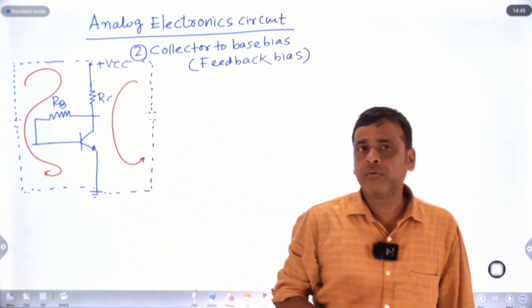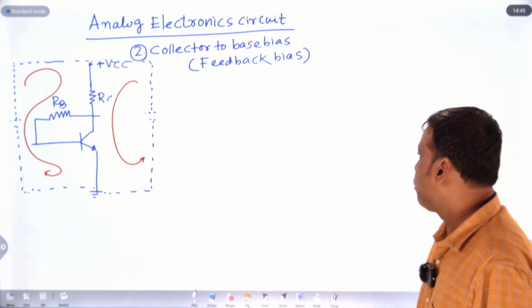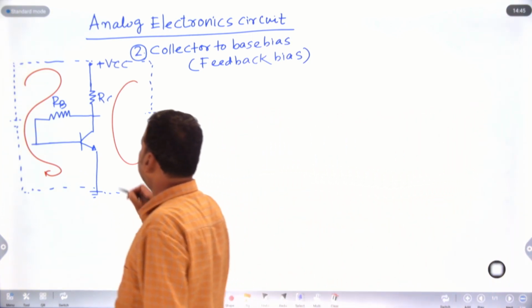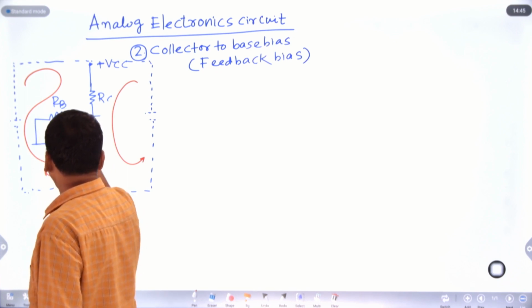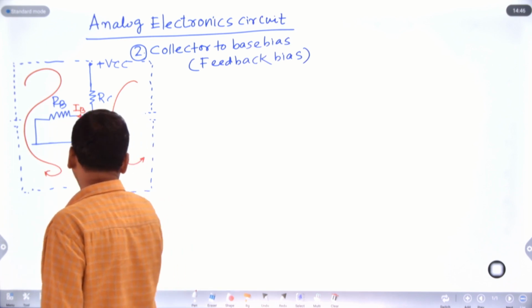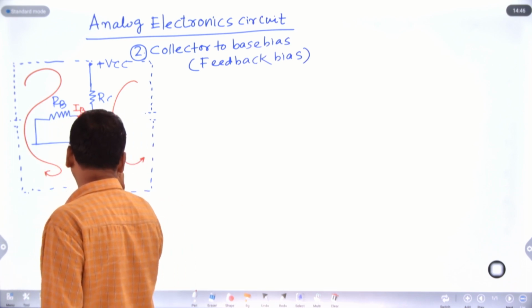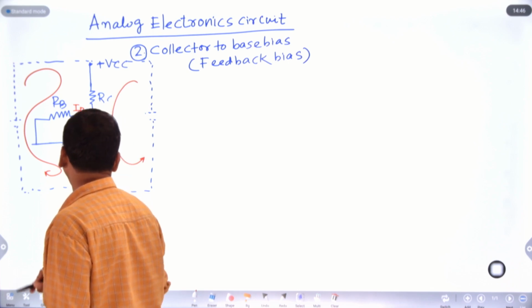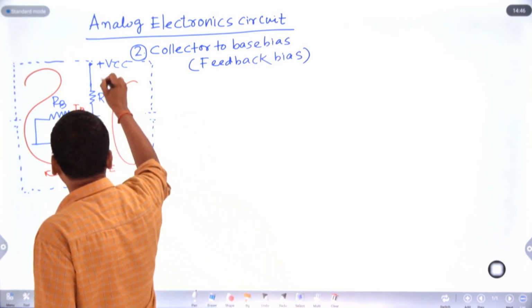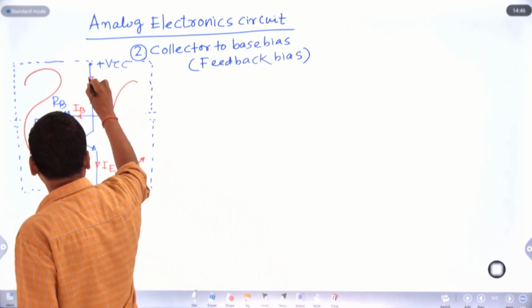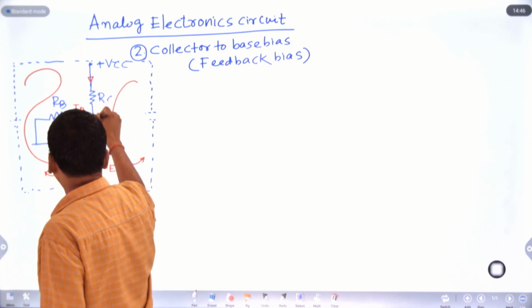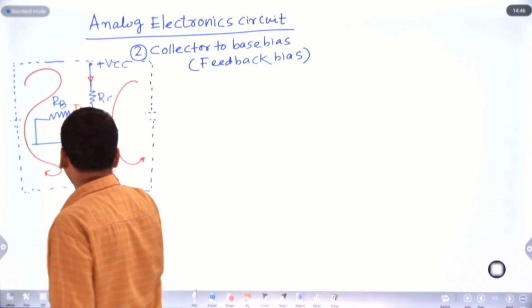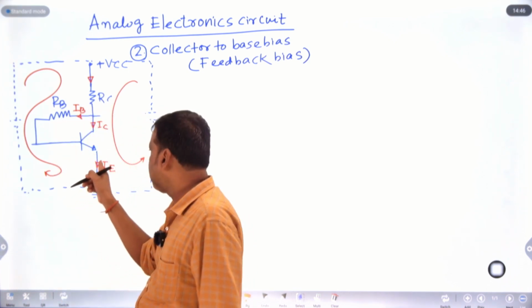When we apply KVL to the input loop, what is the input current? This is your base, so the base current flows through this branch, that is IB, and the current at the emitter terminal is IE. Similarly, this current is IC, because this is the collector, this is the base, and this is the emitter.